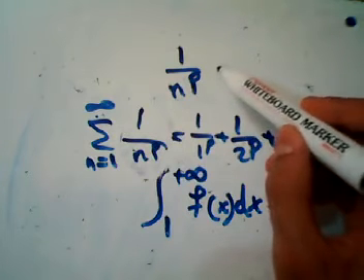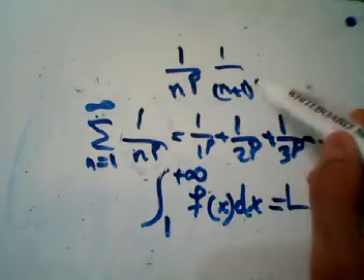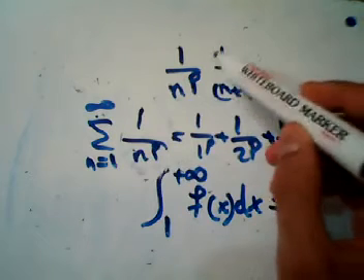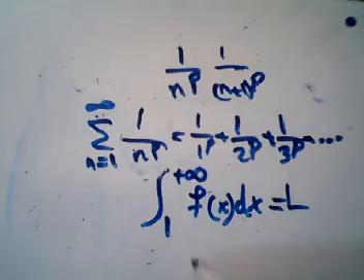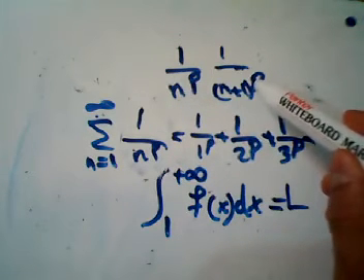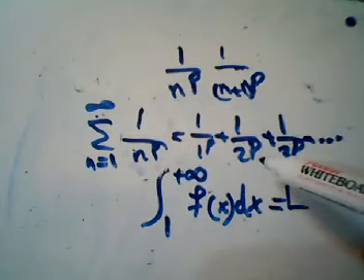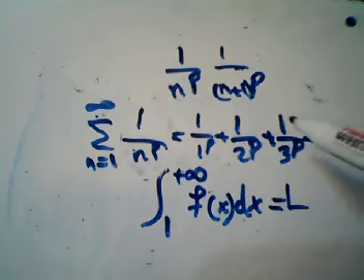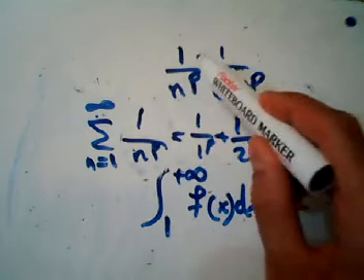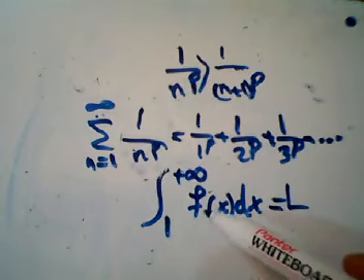Now let's check if 1 over n plus 1 to the power of p is smaller than this or not. If p is positive, it is okay, so it is decreasing.